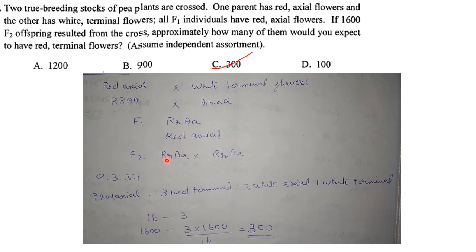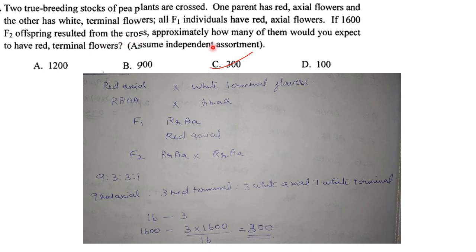Next, you are selfing the F1 to get the F2. So you will get the ratio of 9:3:3:1, the dihybrid ratio as in Mendel's independent assortment experiment. So you will get 9 red axial, 3 red terminal, 3 white axial and 1 white terminal.